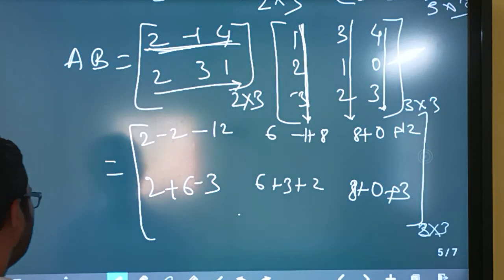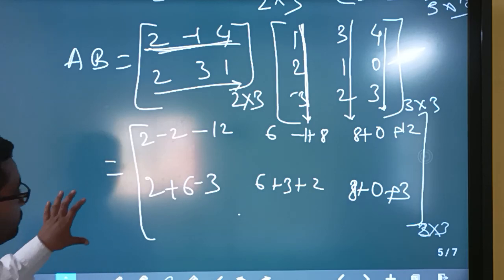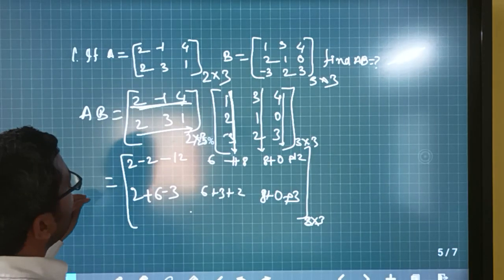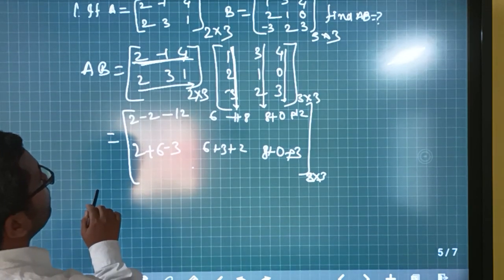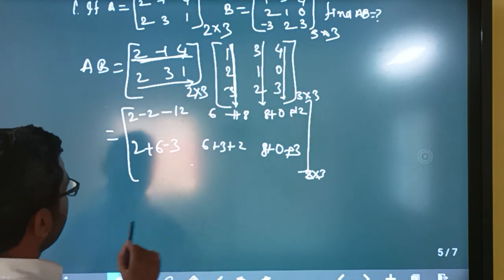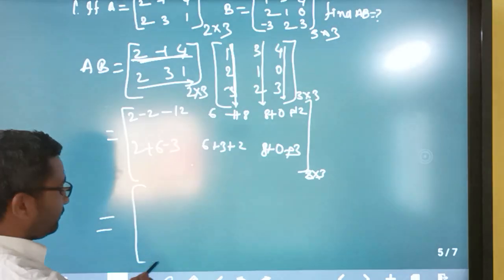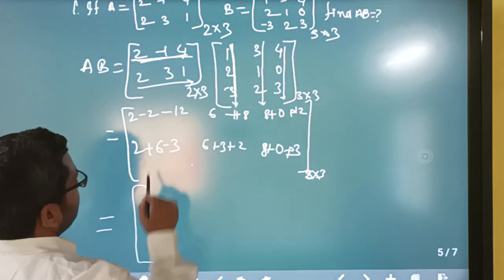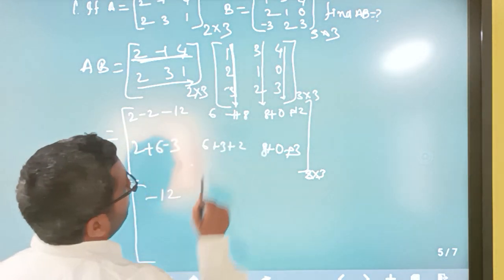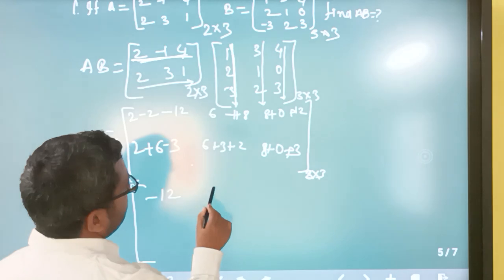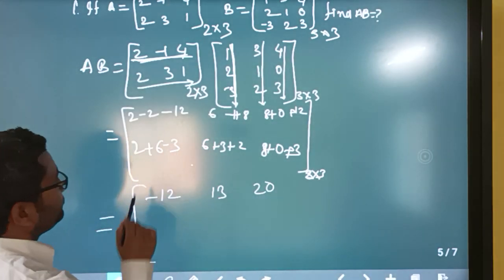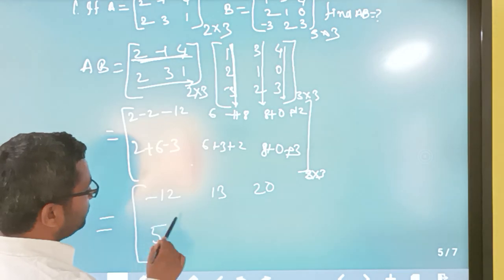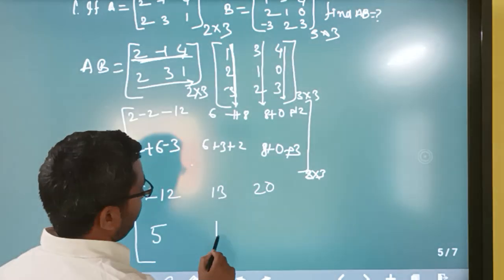We got the order of this matrix as we see. We can put the final values: minus 12, 13, 20, 5, 11.